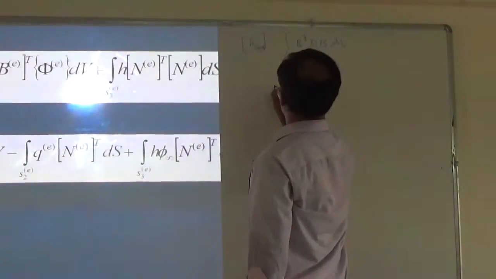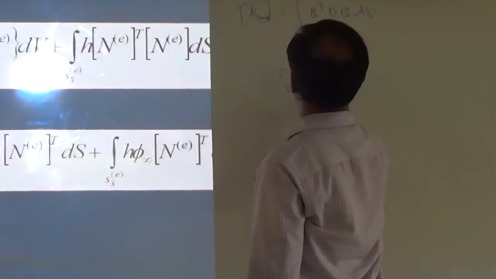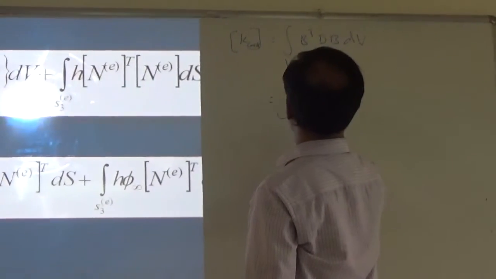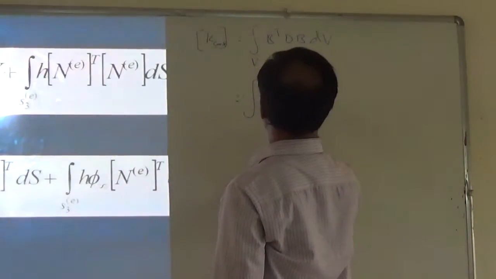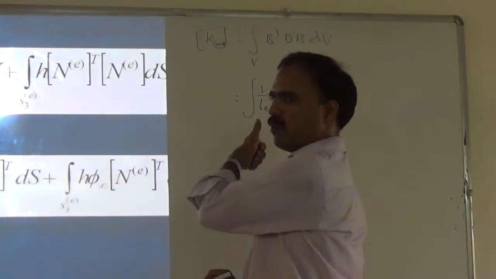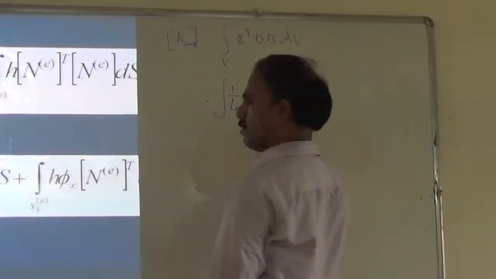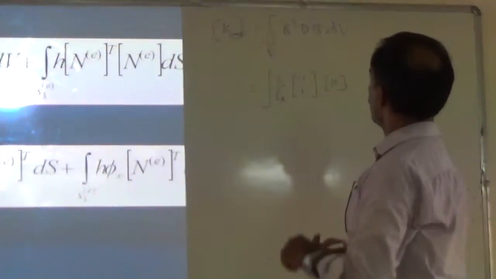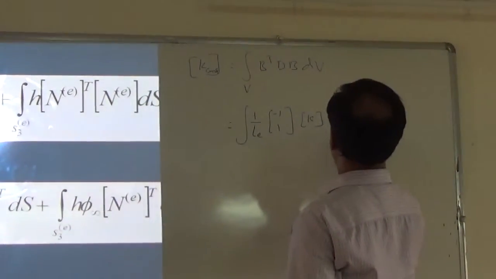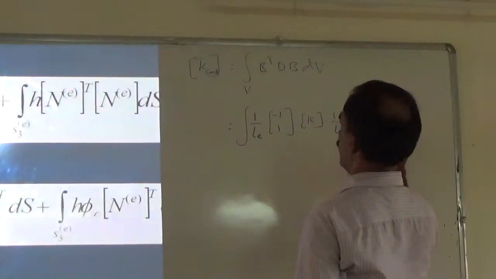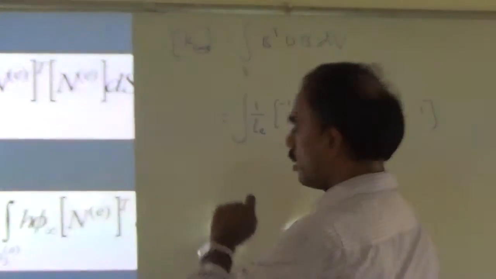Now, what is the B matrix? This is 1 by LE times minus 1, 1. D matrix: this is a one-dimensional rod, so we have only thermal conductivity in the x direction. This is 1 by LE times minus 1, 1. This is a uniform rod.